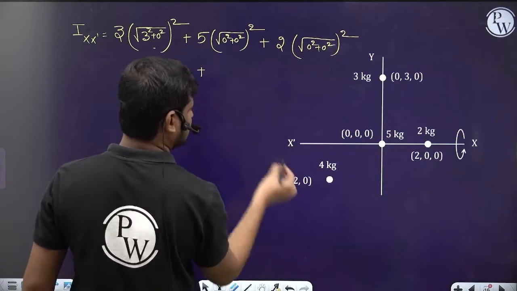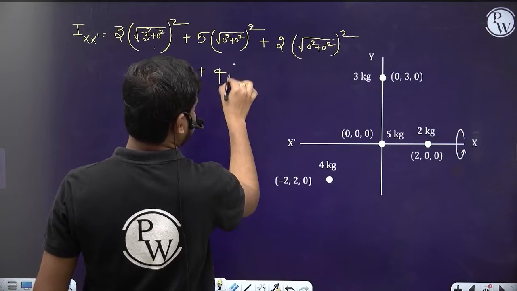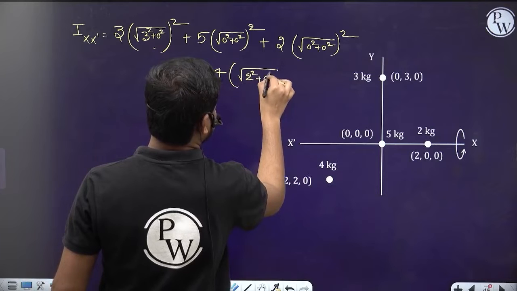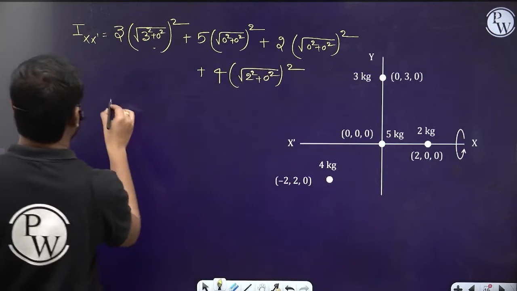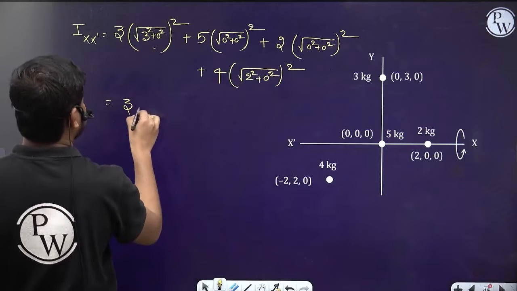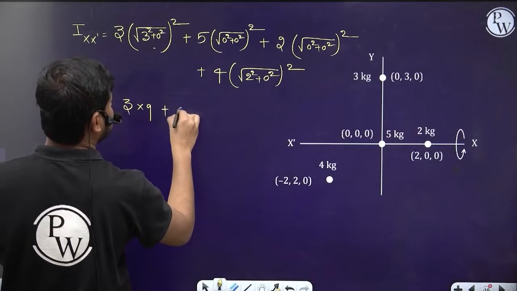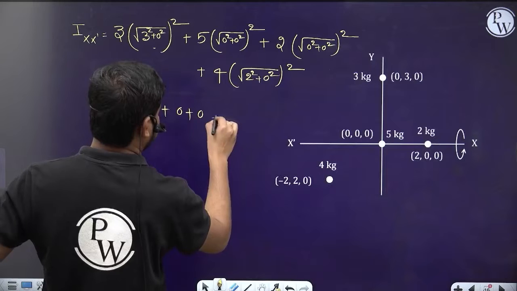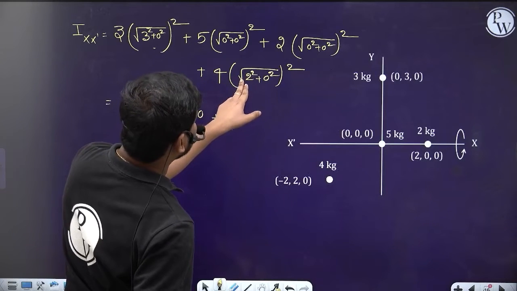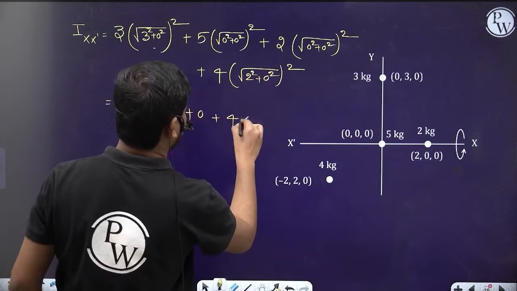Plus the next, the 4 kg one: 4 into the square root of y is 2 square plus z 0, whole square. So I can write 3 into, the square root of 9 is 3, 3 whole square is again 9, plus the second one 0, the third one 0, plus 4 into the square root of 2 square, which is 2, and 2 square is again 4, so 4 into 4.